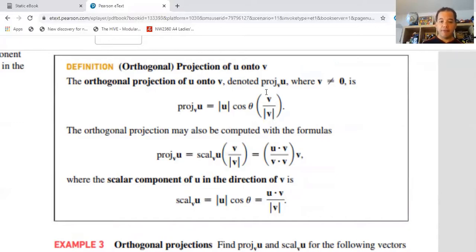And that's simply this number, magnitude of u times cosine, and that can be written with the way we define the dot product as u dot v divided by magnitude of v. All right? So this box is what you need to know.